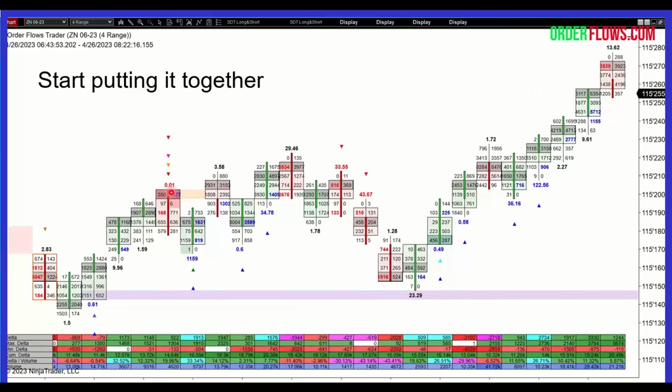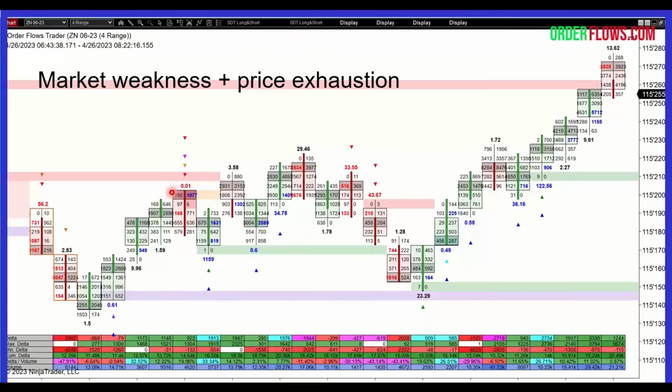Well, when you start putting it together, right, what I was talking about earlier, price exhaustion together with market weakness, right? You got your market weakness here. Market goes all the way up, comes back down, gets back to the area where you have the weakness earlier, and you also have price exhaustion, right? Market is tired.